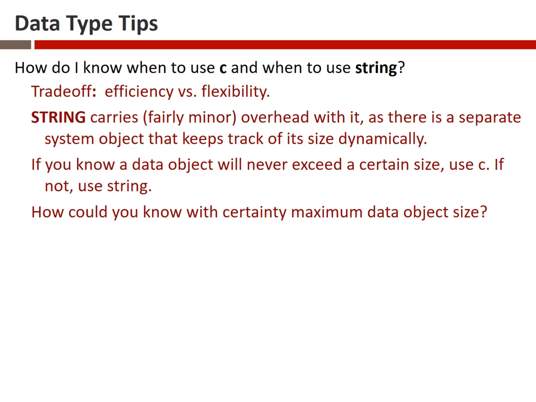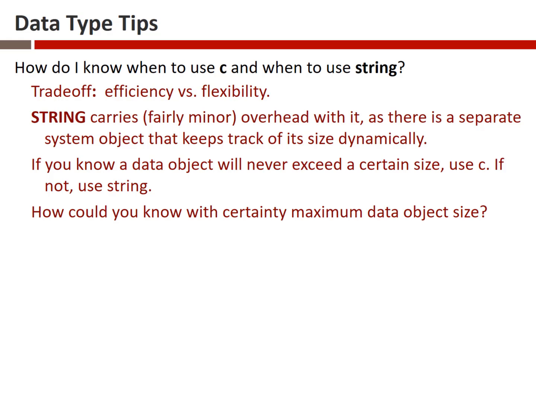Database tables, right? When you create a database table, can you tell that database table, store this character data and make it any old size the user wants to put in? You can't do that in a database table design, right? You say, I want this field in my database table to be this many characters long.